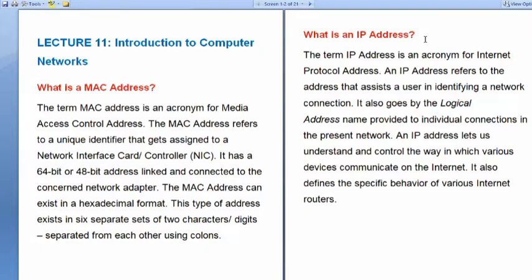Accordingly the mail that you have sent reaches from the sender to the receiver, and by the IP address it will locate that this is my destination, and I have to deliver my mail or whatever the required data is to that address. So this addressing is looked after by the IP address.